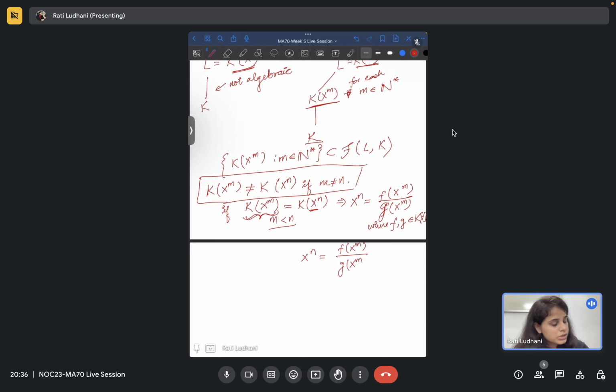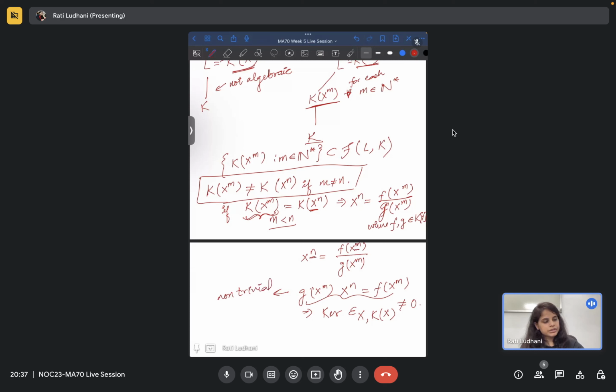Now this is non-trivial, and this will imply that there exists some non-zero polynomial in k[X] such that if you put x you will get 0.